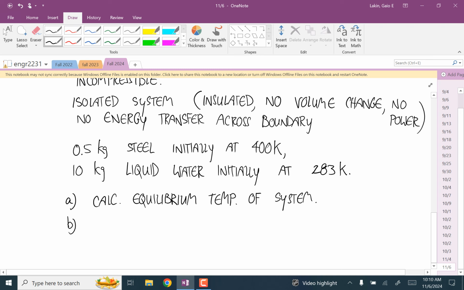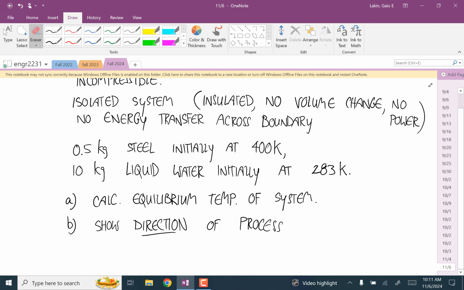happen in one direction. There's no way to go from being the same temperature to the temperatures diverging. So we're going to determine the direction of the process.